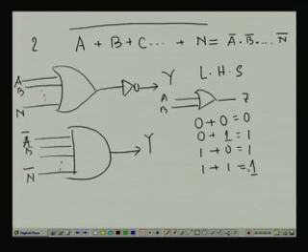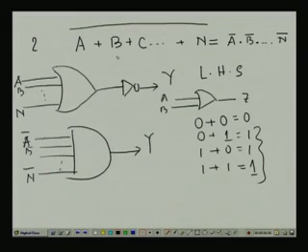See that out of 4, in 3 cases it will be 1. That means, if any one of the input variables is 1, then the output is 1. So, if we now extend this concept, for an n input OR gate, if any one of the n variables is 1, then the output will be 1.